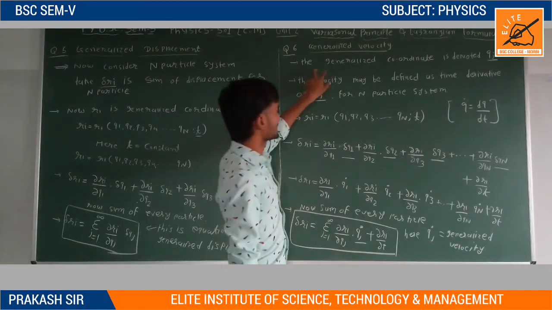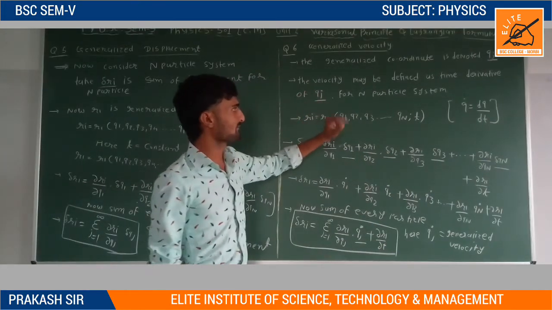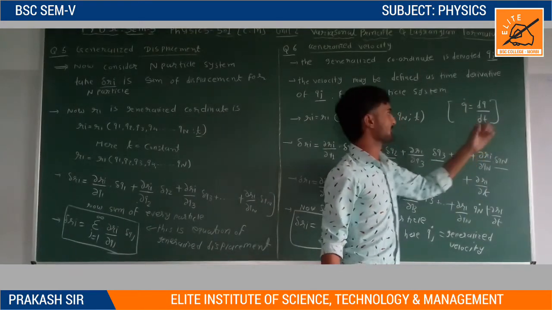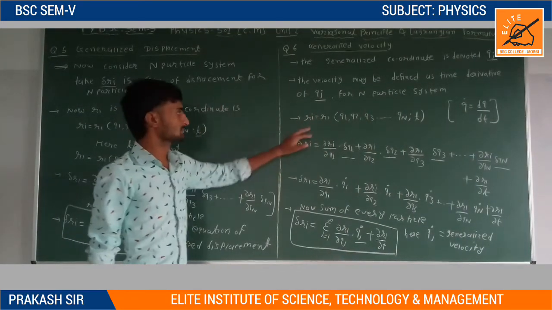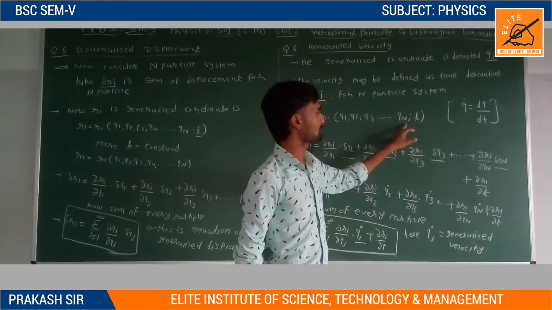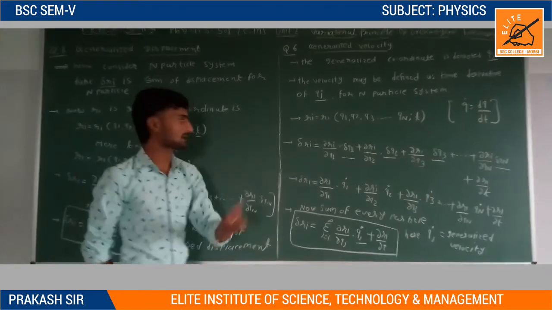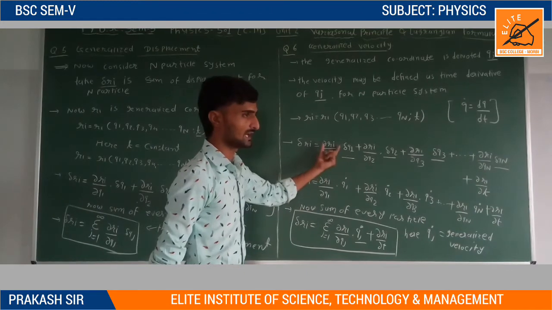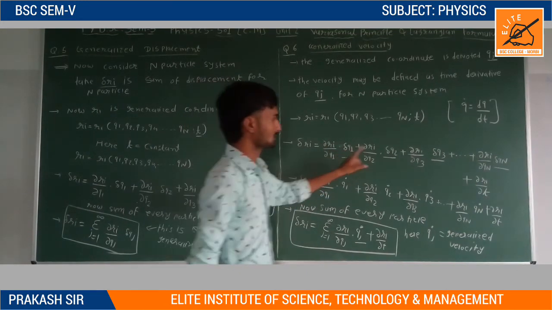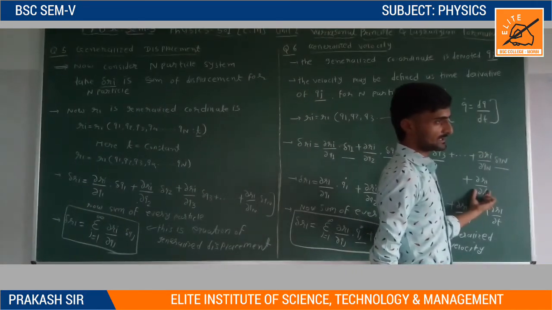Repeat. Generalized velocity: the generalized coordinate is denoted qj. The velocity may be defined as the time derivative, the derivative with respect to time, for n particles. So, Ri is a function of the generalized coordinates 1 to n and time. The derivative particle by particle: del Ri is equal to del Ri upon del q1 into delta q1, and the last term is time dependent, del Ri upon del t.